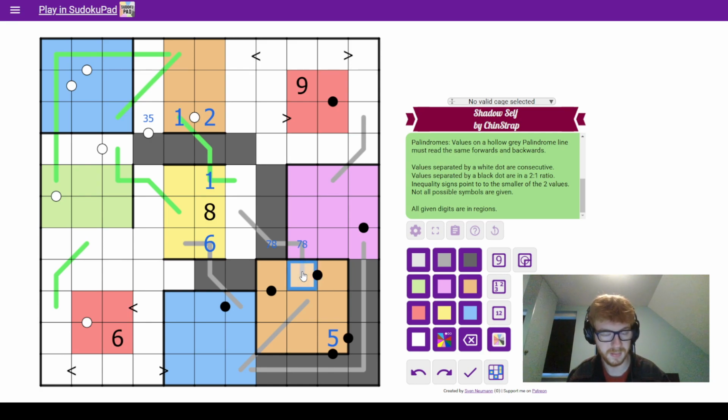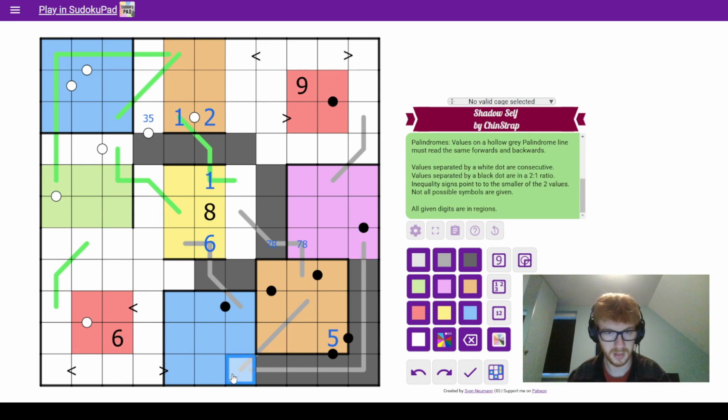Now this is on a black dot, but it's not. Well, it's 7 or it's 6. So if it's not in, it's 6 or 7. It could be a 6 and a 3, I guess.